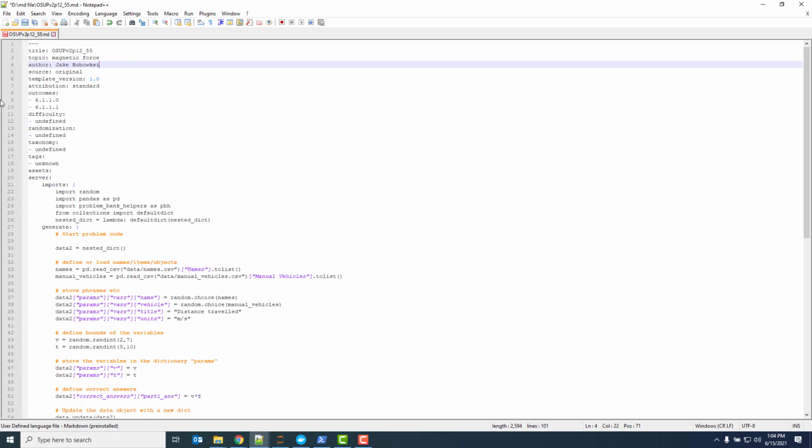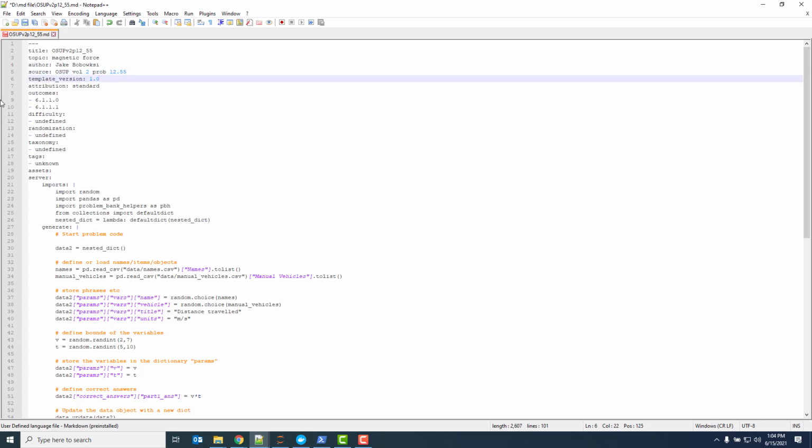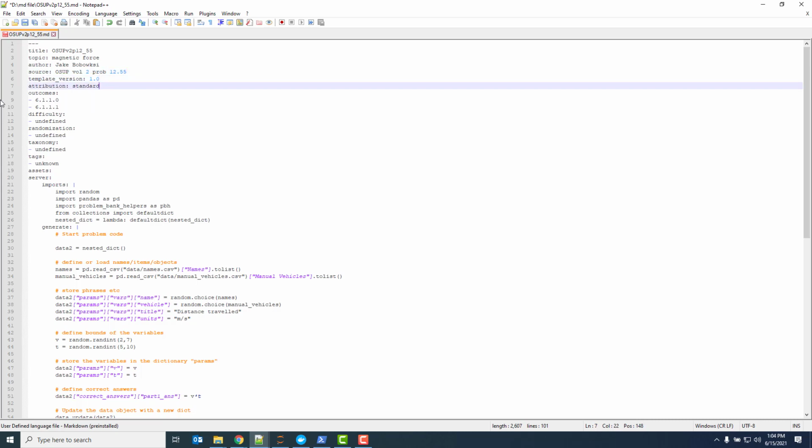I didn't author the question, but I'm going to be the one working on this markdown file. For the source, we'll put OpenStax University Physics Volume 2, Problem 1255. The version of the template, we can just leave that the same.